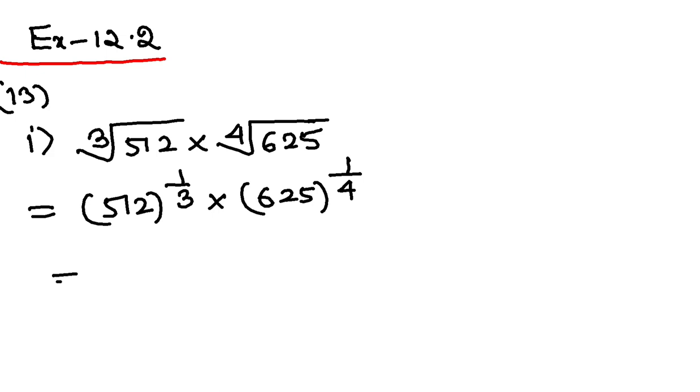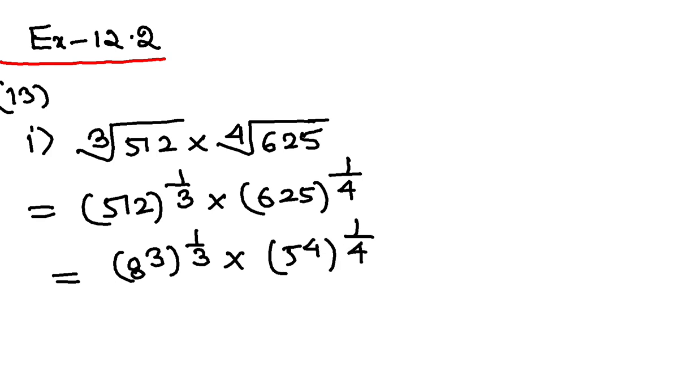So now 512, if you prime factorize, you will understand this is 8 cube. So 1 by 3 into 625 is 5 to the power 4 whole to the power 1 by 4. So now this 3 and 3, this is 8 into 4 and 4, this is 5. So 8 into 5 is 40.